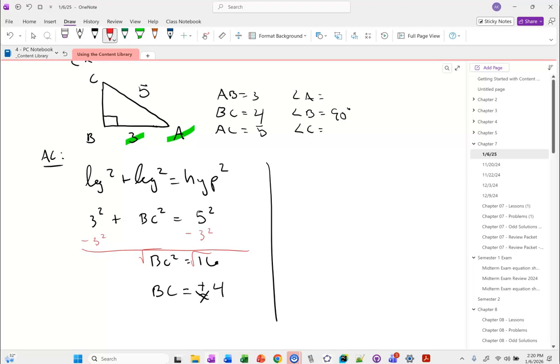Relative to angle A. Adjacent. And the other side I know is the 5. Is that opposite, adjacent, or hypotenuse? Hypotenuse. So which trig function do I need? I need cosine. So I'm going to say cosine of angle A is equal to adjacent over hypotenuse.